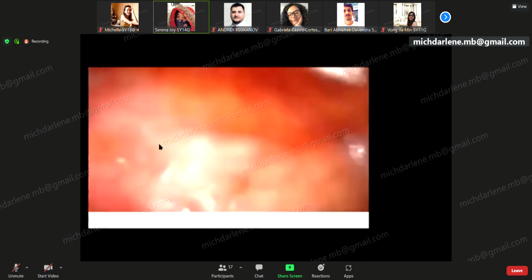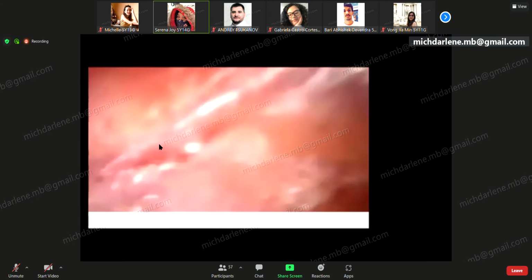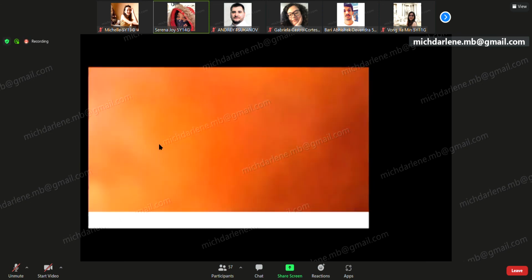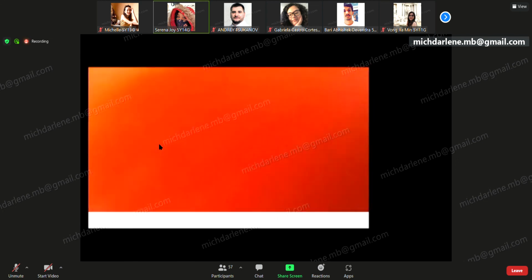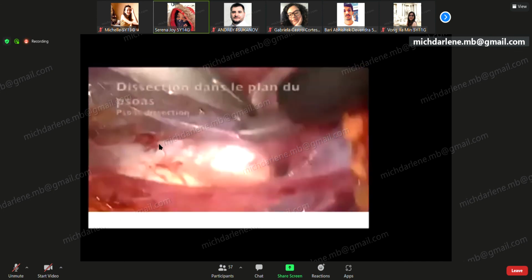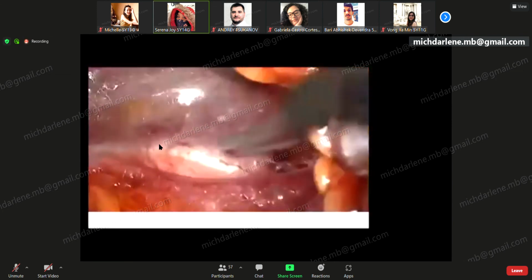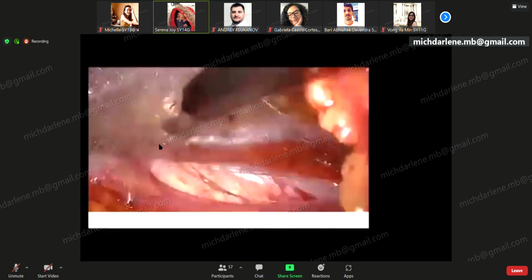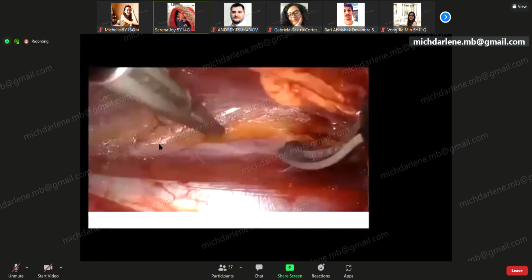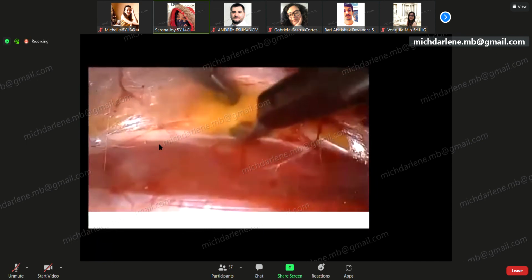It goes to the retroperitoneal space. It doesn't go to the abdominal cavity. Make the way to the ganglions. You see the ureter.